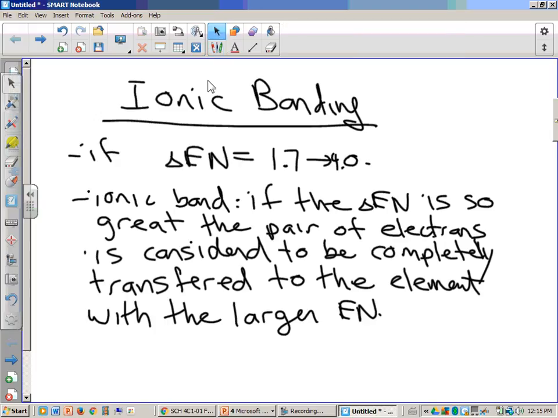We say that if the delta EN is so big that it's not just unequal sharing anymore, it's a complete takeover of the electron. Completely transferred.